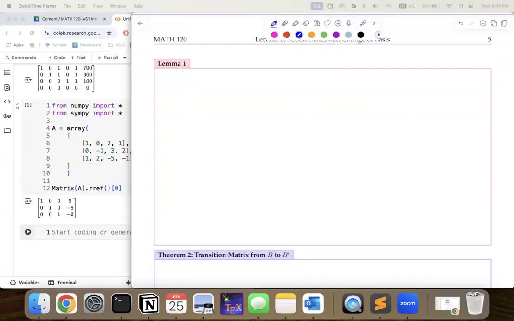So I have a lemma here. I want to mention how you collect all the values of the C's, the coefficients, so that you can put them in the transition matrix.